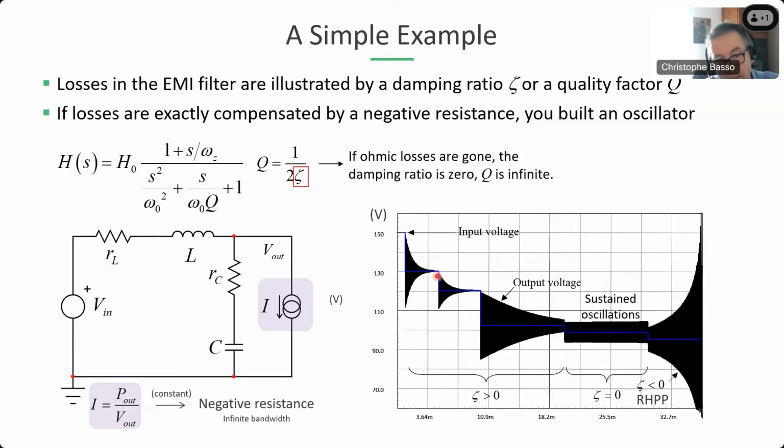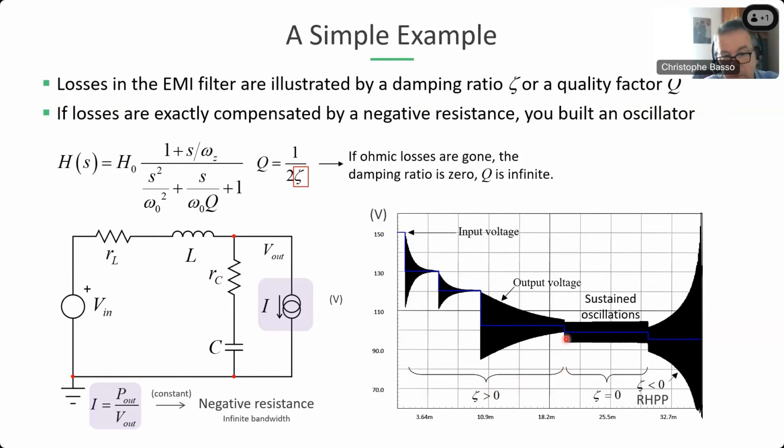As you keep decreasing the input voltage, you absorb more and more current. At a certain time here, you see the poles are still in the left half plane, so the Q factor is below infinity and the damping ratio is positive.